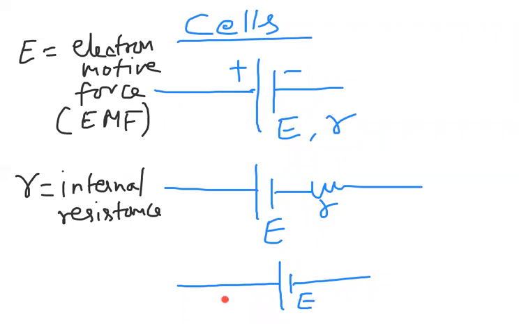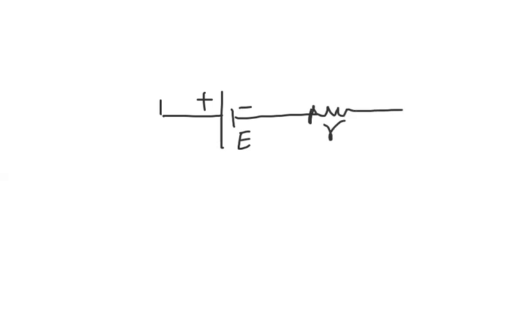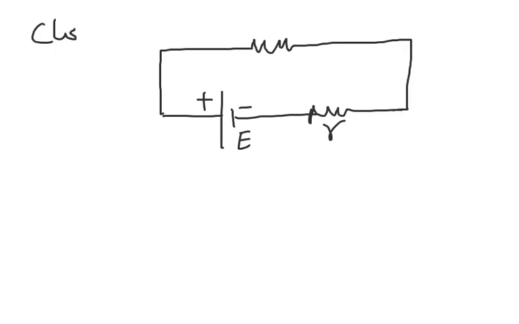Now let us enter. Here I am taking one cell. This is a cell: one big terminal, one small terminal, a positive one and a negative terminal, and here EMF, and this is one small r resistance. Now this is connected to an external resistance like that, and it is closed. This is also called a closed circuit.